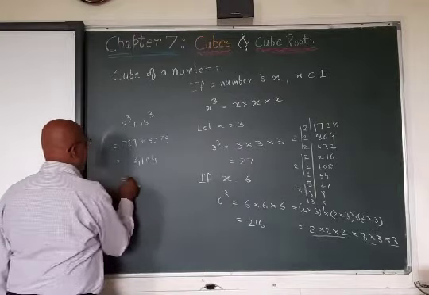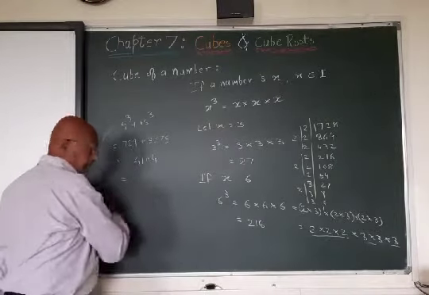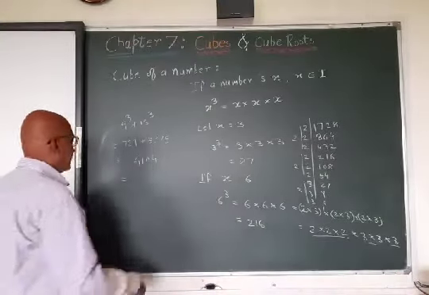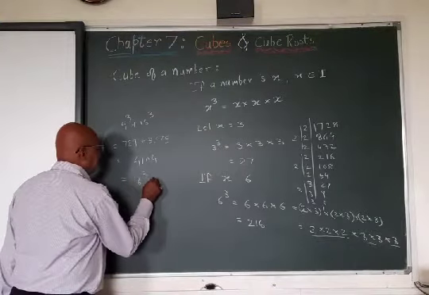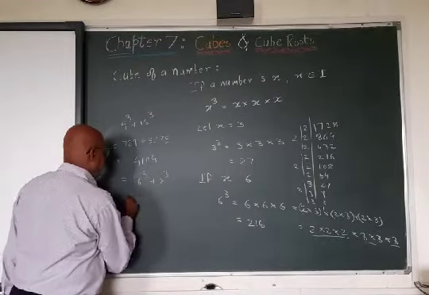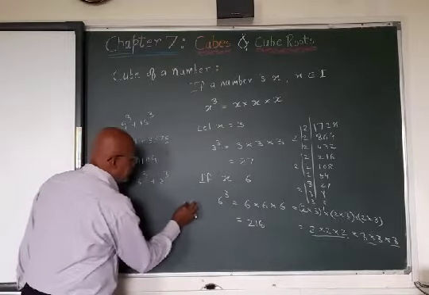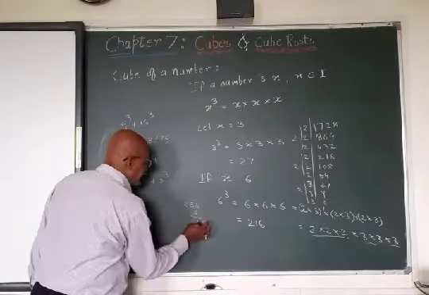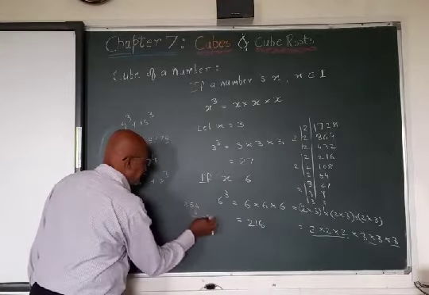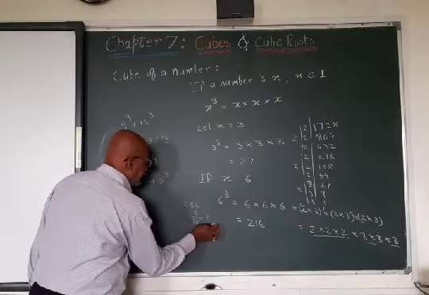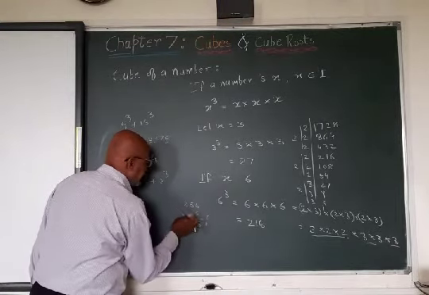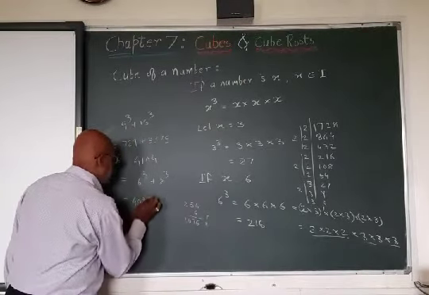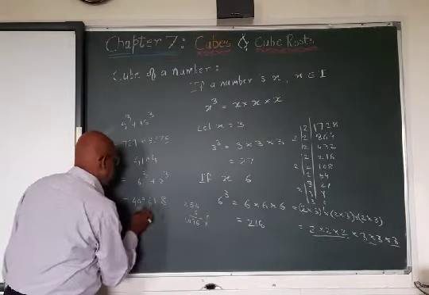This can also be represented as 16 cube plus 2 cube. Now 16 cube is 4096, plus 8.